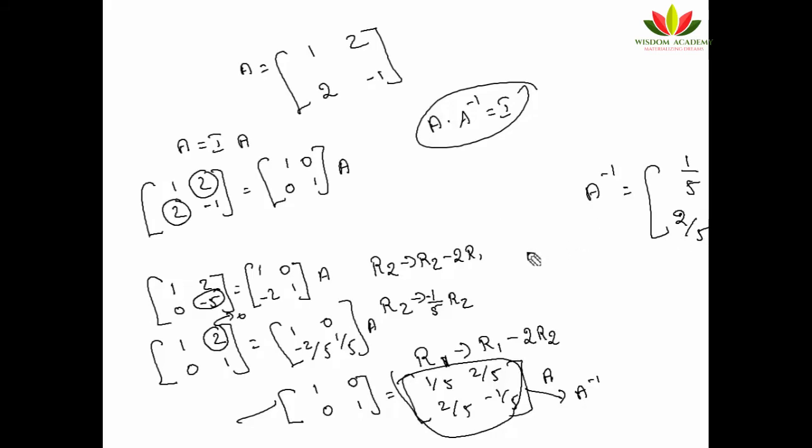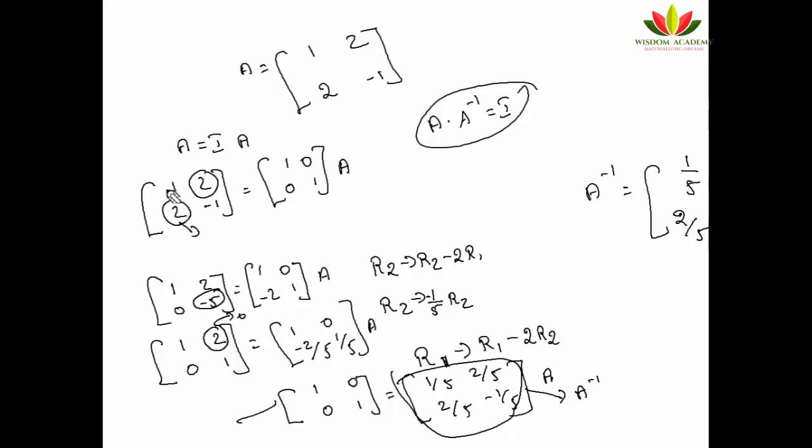Okay, I will repeat the same thing once again. I have a matrix A and I want to find the inverse of this matrix. So A is equal to I into A. I will represent I, and A as it is I will keep for ease. Then I want to make these 2 elements 0 and these 2 elements 1. For that I will use the elementary operations. To make this 0, I can use the other rows and columns.